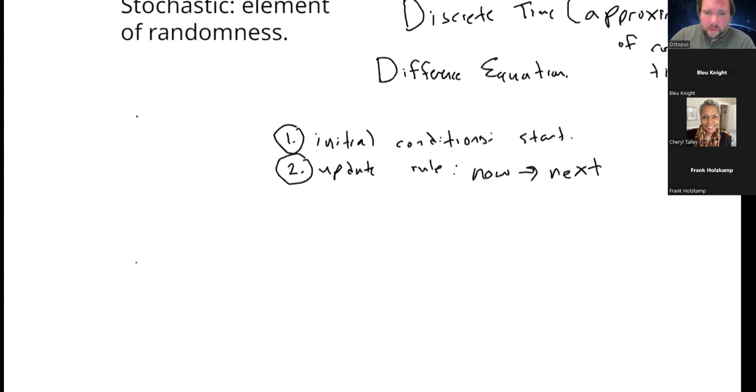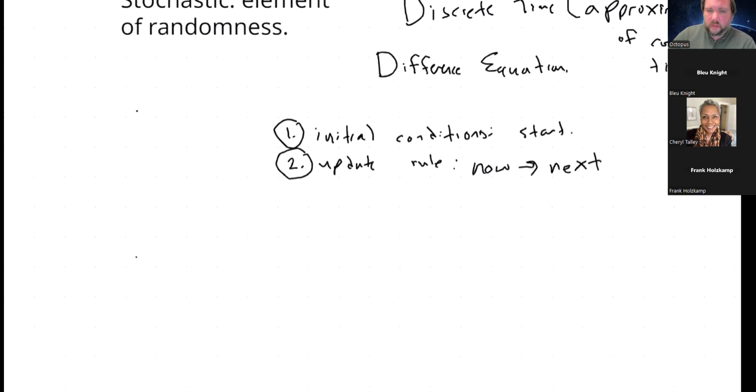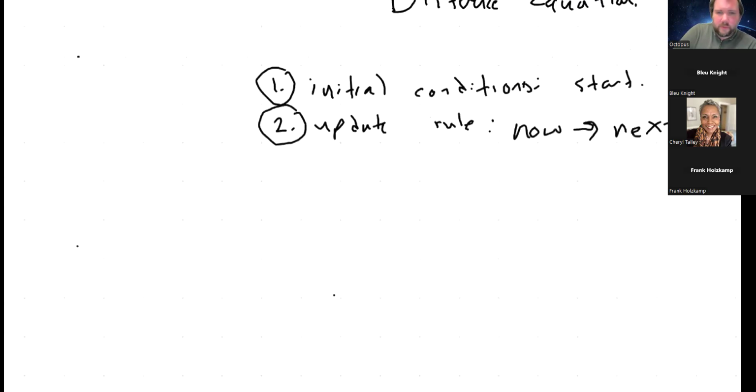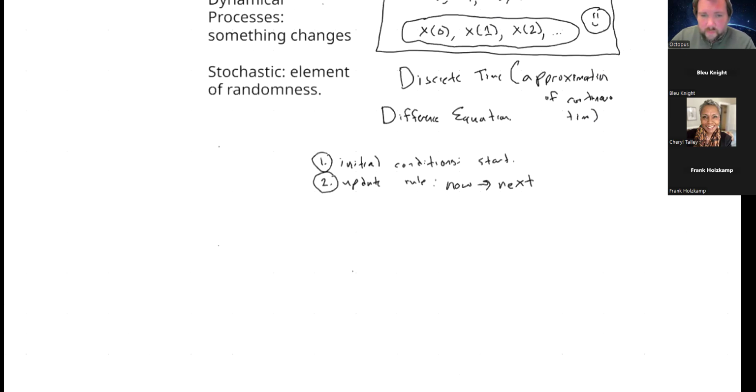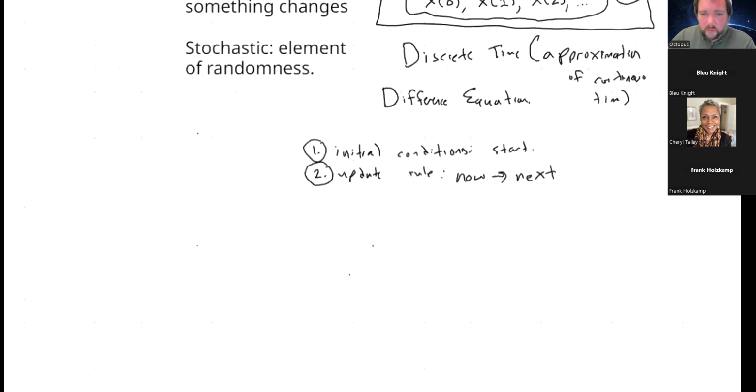So the example I want to start with is the difference equation specified by x sub 0 equals 3. That's my initial condition. I'm starting with 3 of whatever I have at time 0.